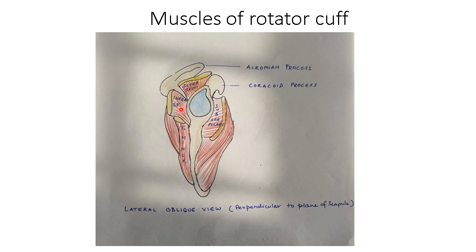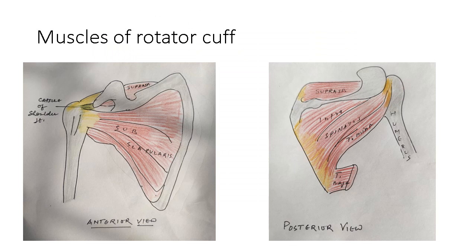Then you have the infraspinatus muscle, which arises from the infraspinous fossa of the scapula. Then the fourth muscle, teres minor, arises from the lateral border or the posterior surface of the scapula.